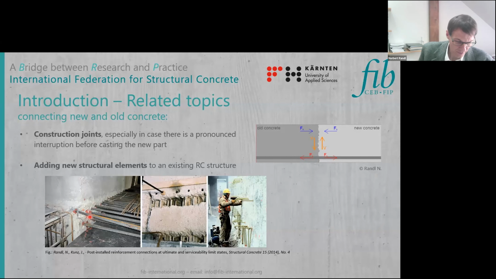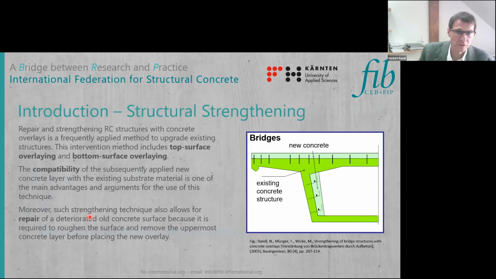In this presentation now, we will focus on the structural strengthening. But many of the points we discuss here apply also to the other situations I just mentioned.